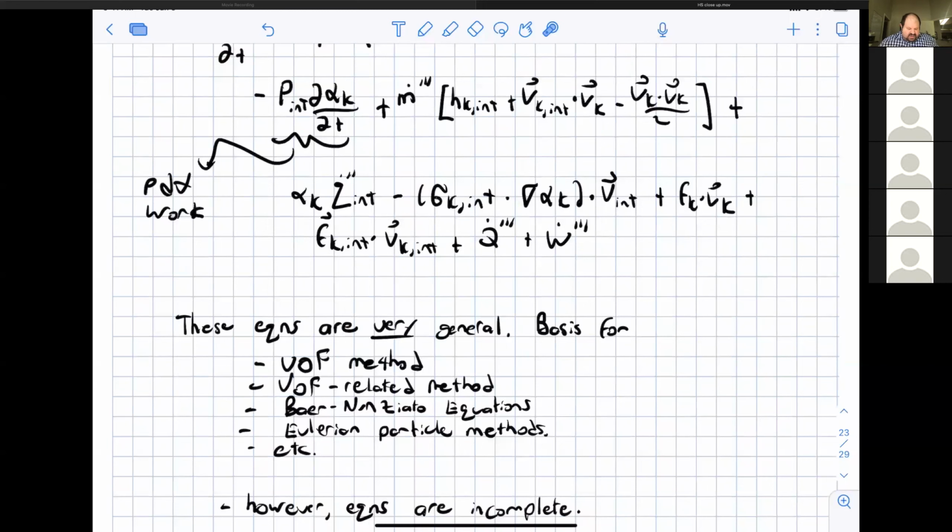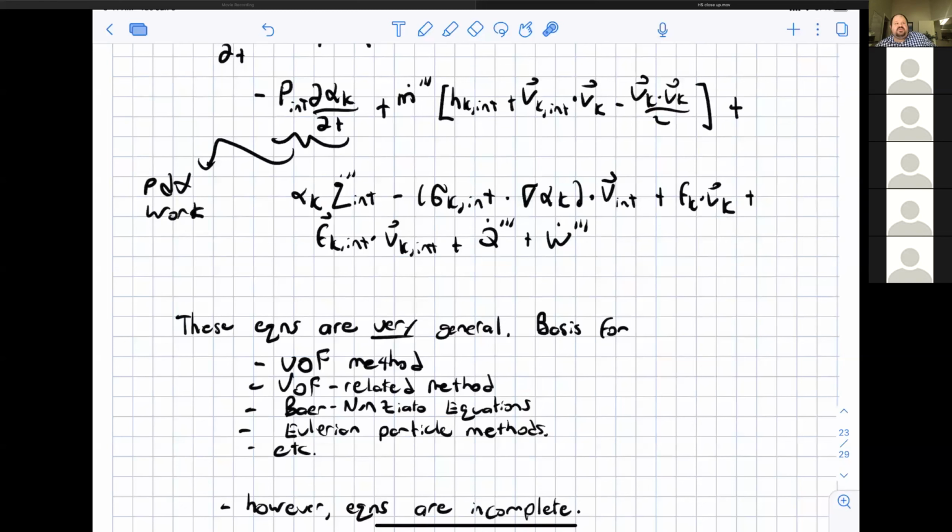Okay, but yeah. And so the VOF method is used a lot, and it's used a lot in incompressible flows. But for compressible flows, the VOF method is kind of difficult to implement, and you don't see it implemented that often. And so they tend to use these VOF related methods.